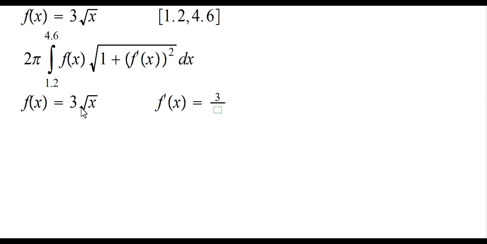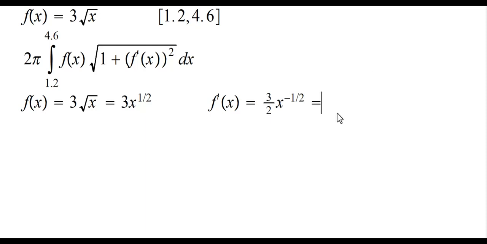3, because this is x, this is simply, as you know, x to the power how much? 1/2, right? Okay, so when we do that, then 1/2 will just step down by the power rule, and we will get x to the power 1 minus 1/2, which will become negative 1/2.